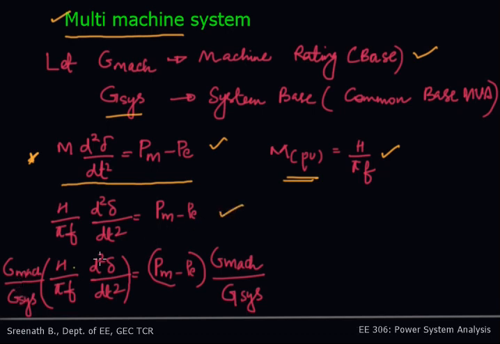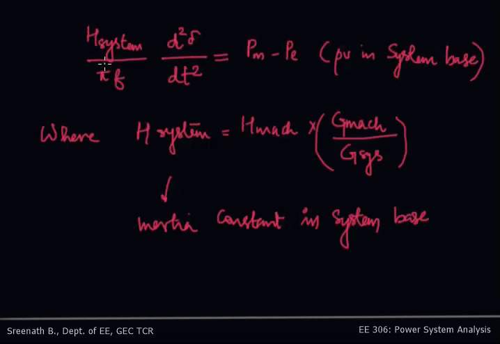Now you are multiplying this equation with G machine by G system on both sides. So you will be getting an equivalent equation like this: H system by pi f into d square delta by dt square is equal to Pm minus Pe, where H system is equal to H machine into G machine by G system.